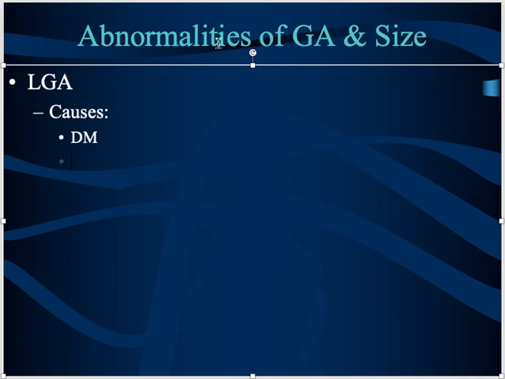Now there are many races or racial factors. For example, there are races who are big, their babies are also big, or you can say there are families who are big. So we can write familial factors, like big families or big people, they have big babies. Small people, they have small babies, of course.